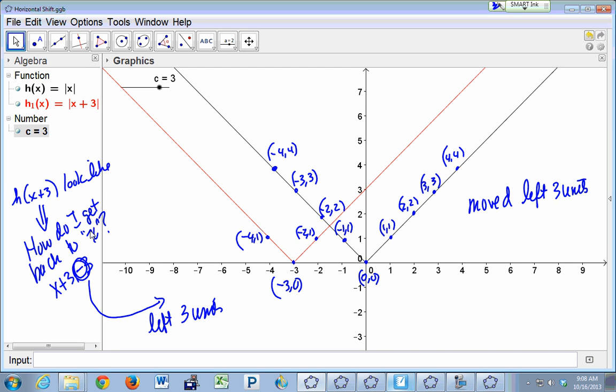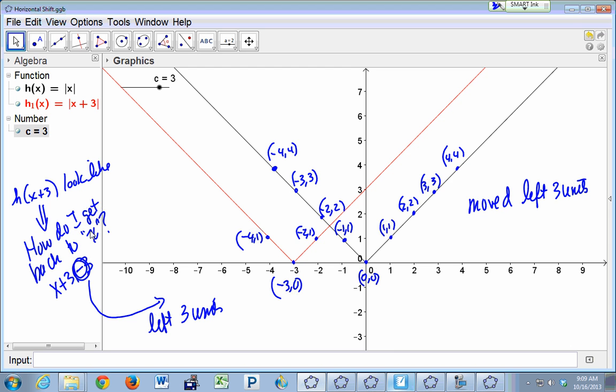You'd have to subtract 3 to get back to your original input. So it's a little counterintuitive. When you see x plus 3, you want to make that right, because anytime you think of plus, you think of the right. But when you mess around with the inside part of your function, it's counterintuitive.